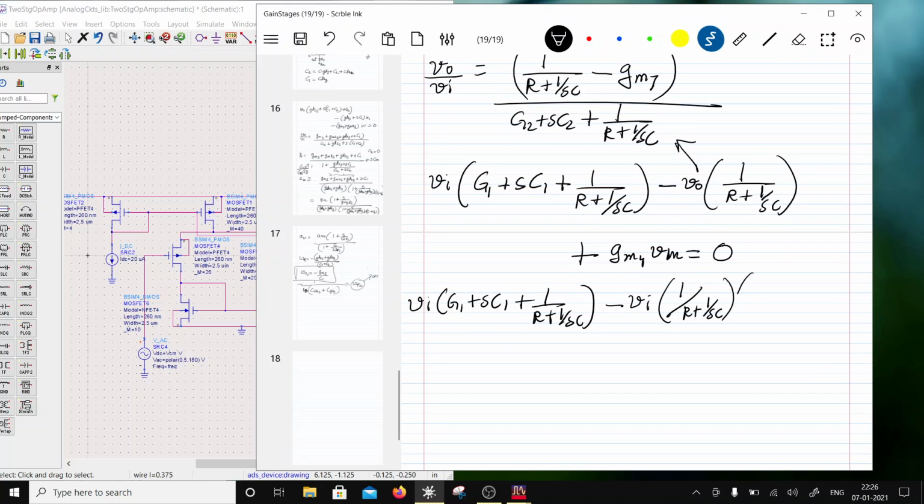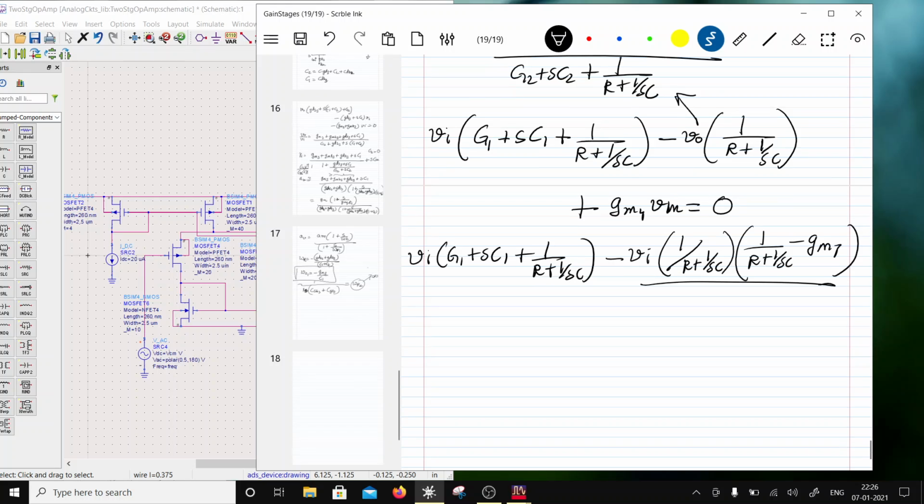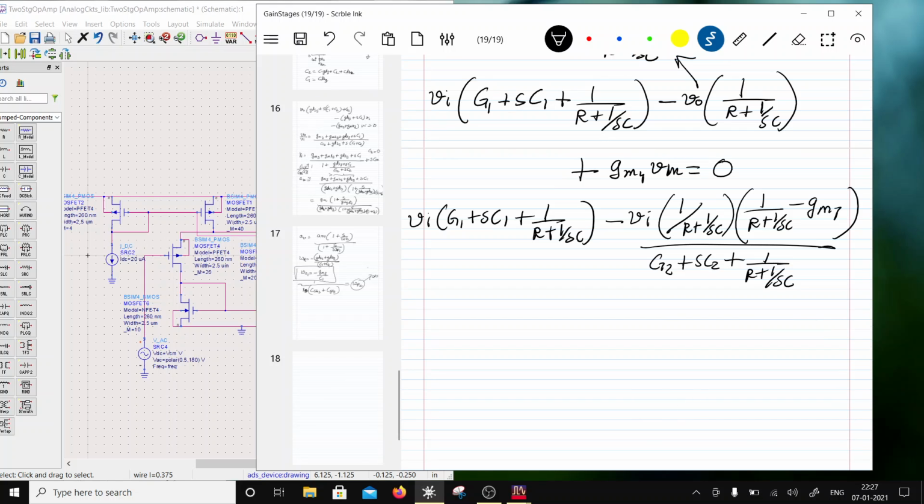So that is 1 over R plus 1 over SC minus GM7 divided by G2 plus SC2 plus 1 over R plus 1 over SC. Okay, so this will be this plus GM4 V in should be equal to 0.